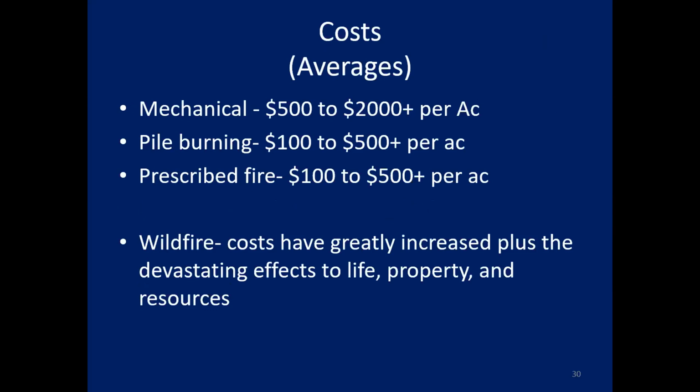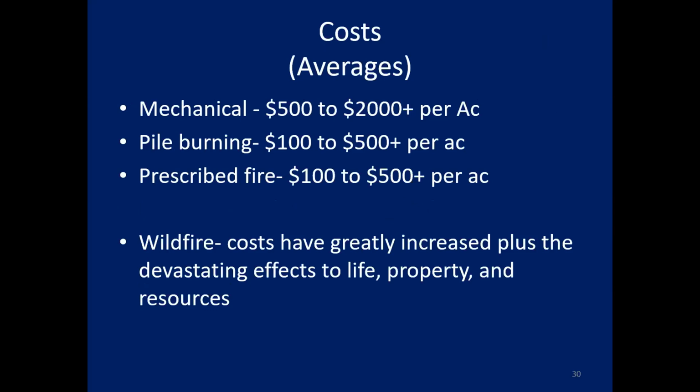Here's just some average costs that you can throw at this. They are kind of all over the board. But, you know, mechanized chipping, mastication, things like that can range anywhere from $500 to $2,000 per acre. Pile burning is fairly affordable, but you have to handle that material quite a bit.